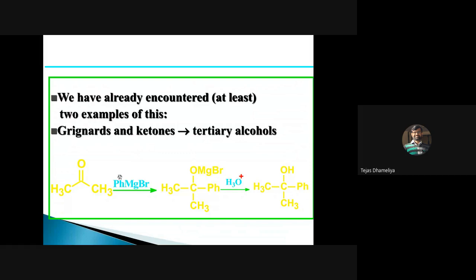So this nucleophilic phenyl will attack the electropositive carbonyl carbon. O minus will be formed, and once the O minus is protonated, it will form alcohol. If we have a ketone, it will form tertiary alcohols.